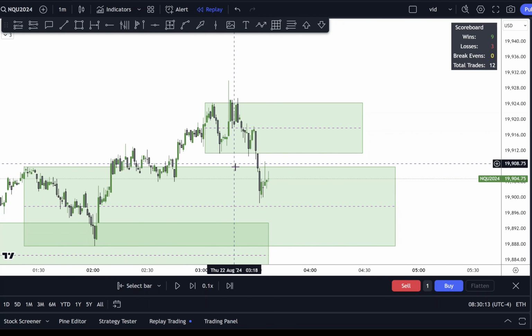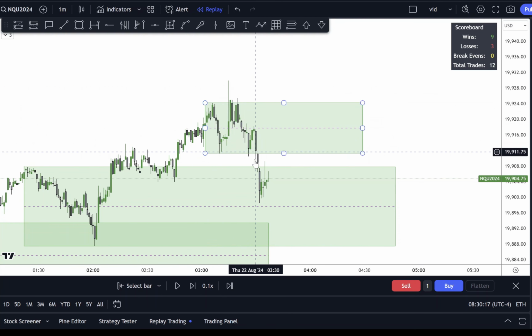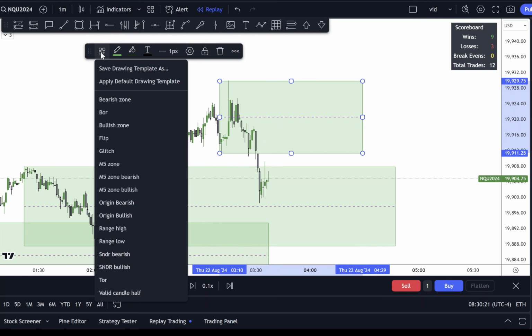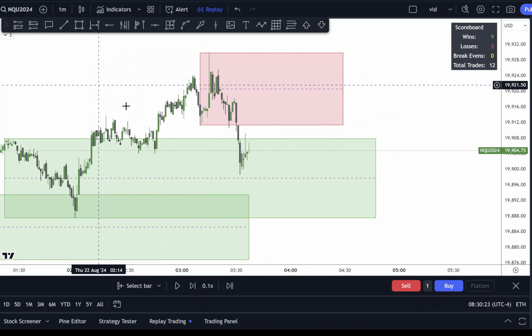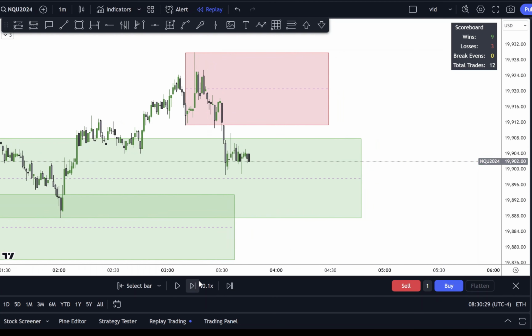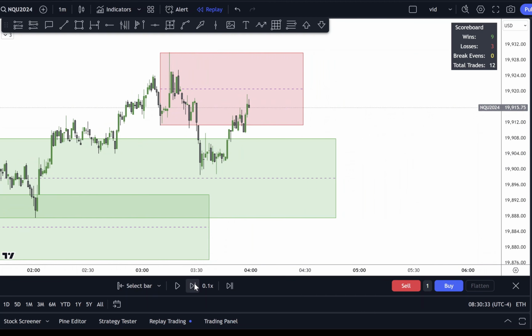Okay, now since we had this bullish zone and we closed under it, now it turned to a bearish zone, right? So if they don't tag this 50%, I will still take this bearish zone because that was our last valid bearish zone.